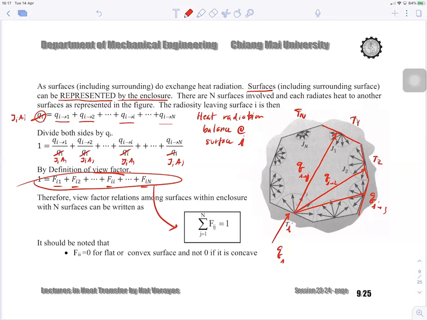Okay, and it should be noted that Fii should be 0 if the surface i is flat or convex. But sometimes it's not going to be 0 if the surface is concave, for example, something like this. This surface i is concave.